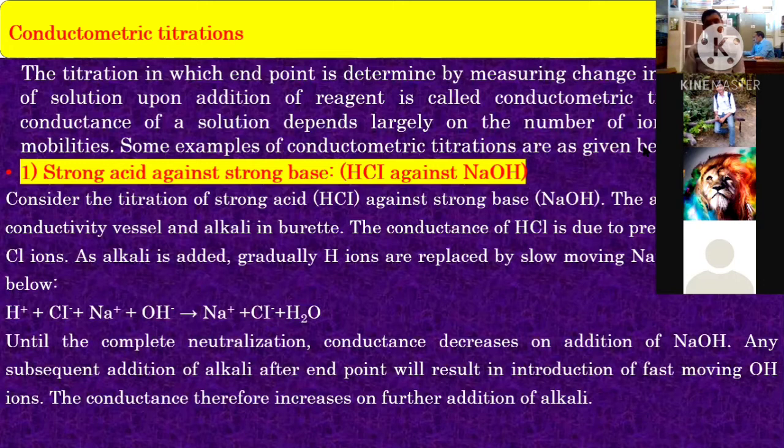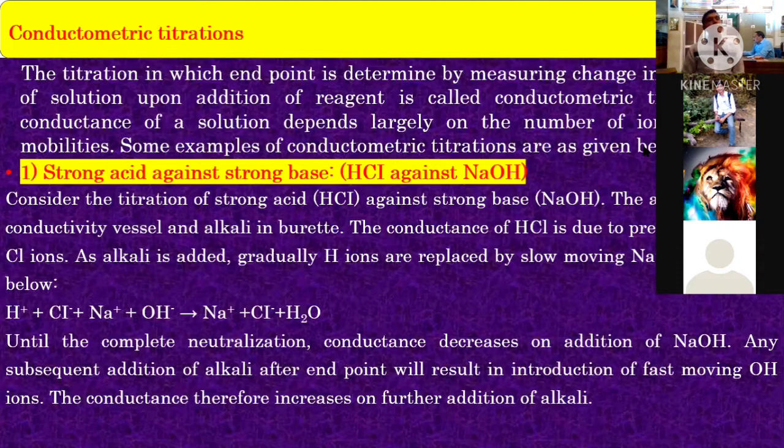In the previous chapter, I discussed what a titration is. One type of titration is conductometric titration; others are volumetric titration, precipitate titration, and acid base titration.